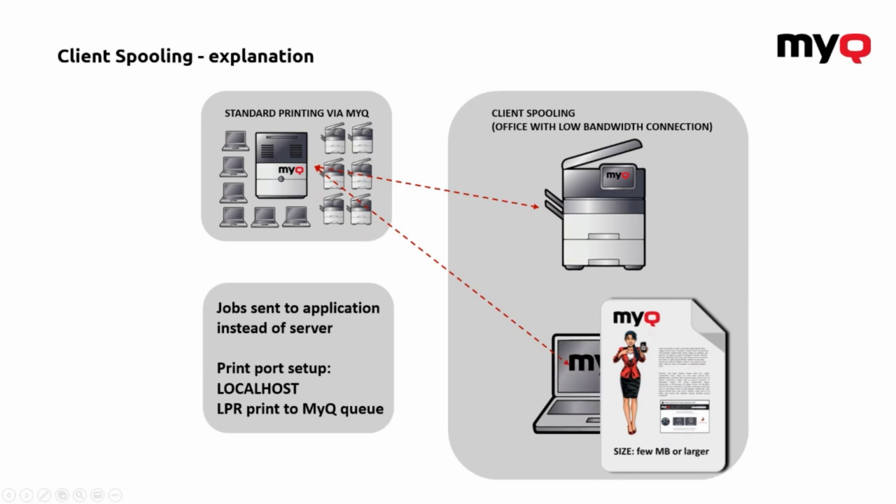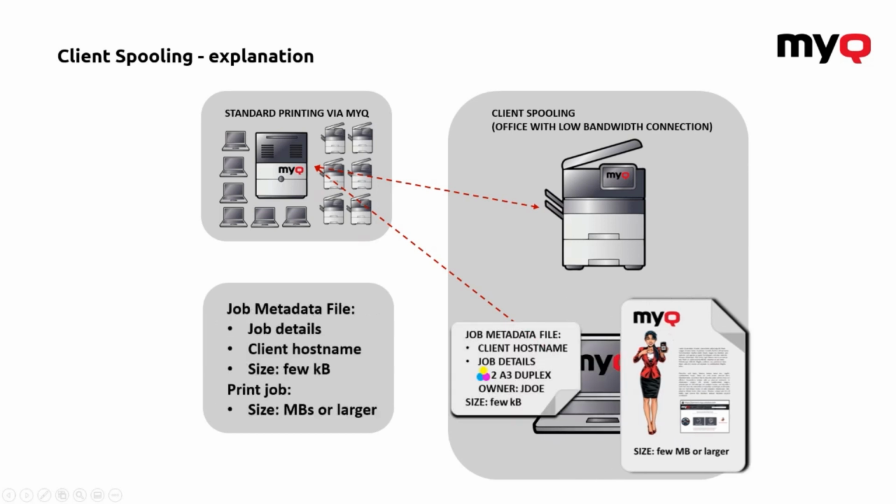It goes there, gets stored locally, but thanks to the analysis of the client using the parser, we know everything about the print job. So we can create a metadata file which will contain the host name of your client, job details, as for example, how many pages are there, what kind of pages, and who's the owner.